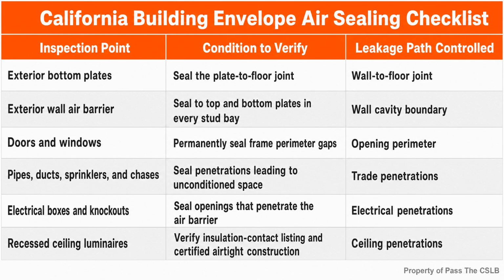I put a sealing checklist on screen because the locations are easier to inspect as a connected group. At the bottom of an exterior wall, the plate to floor joint needs attention. At the top, the wall air barrier must connect to the top plate. Under quality insulation installation verification, the exterior wall air barrier is sealed to the top plate and bottom plate in each stud bay.